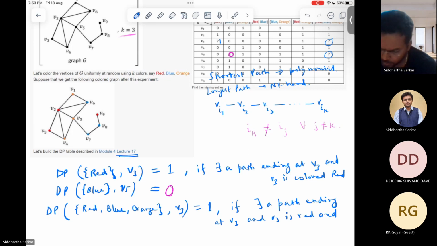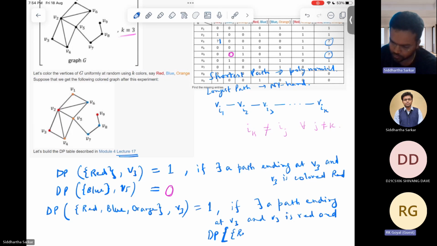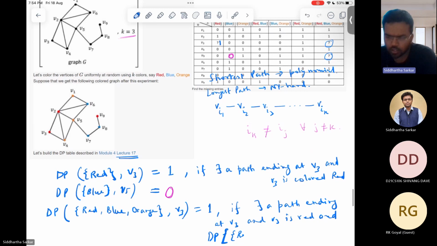See, V3 is red. So V3 is red means now you are asking, and the value of the entry V3 is already gone. So wait. I shouldn't say this. Just a second. Let me verify the way they defined it.